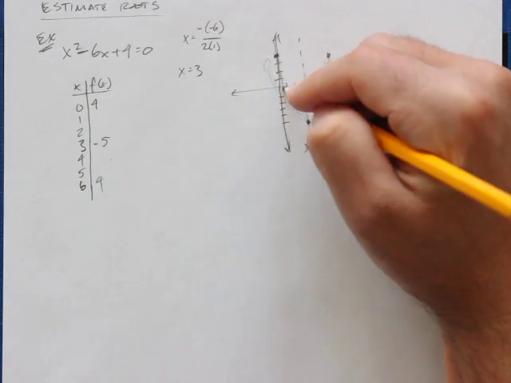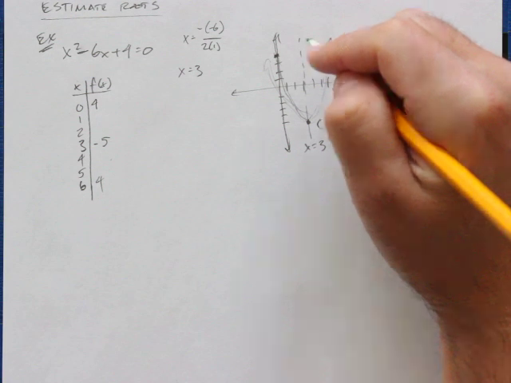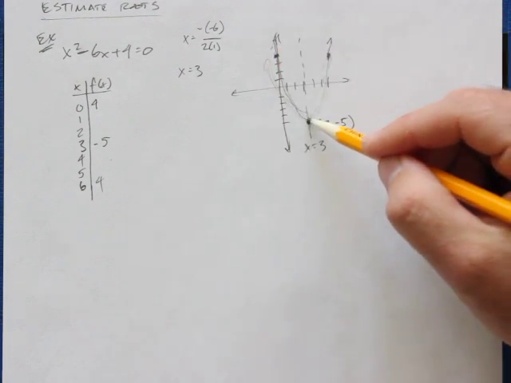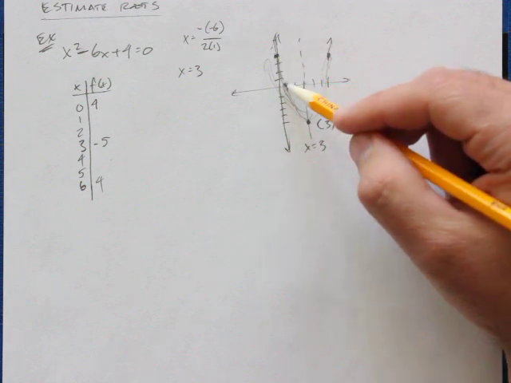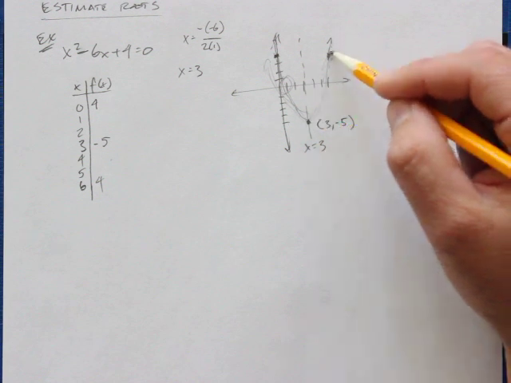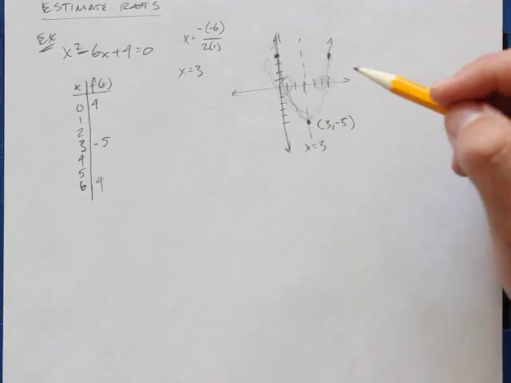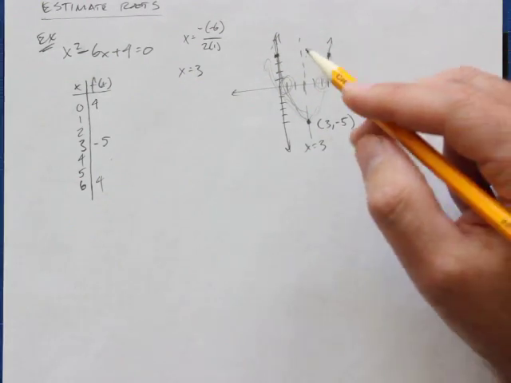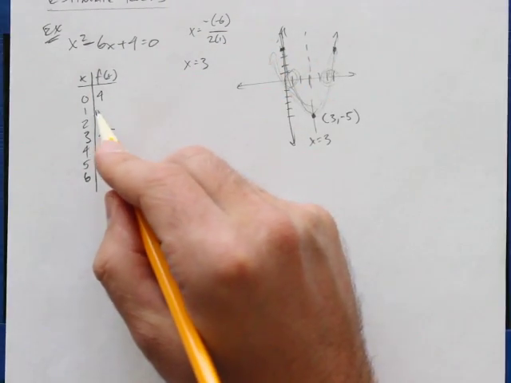So we know that between the vertex and 0, it's going to cross somewhere in here. Also, between the vertex and 6, it's going to cross somewhere in here. Let's find those spots.